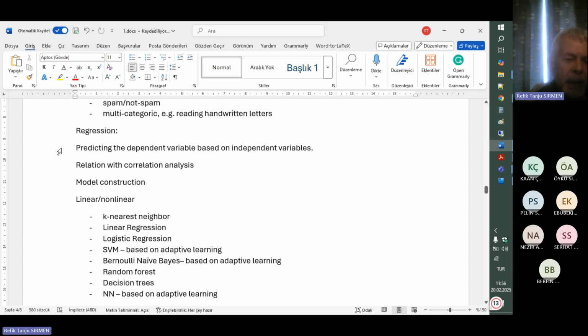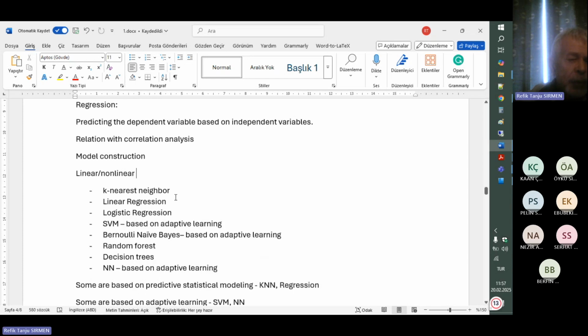And again, I advise you to go back to data analytics notes and check these titles: regression, correlation, model construction, what is a regression model, etc. We're going to talk about them in this course also, but from a different perspective, machine learning perspective, and with some extra details.